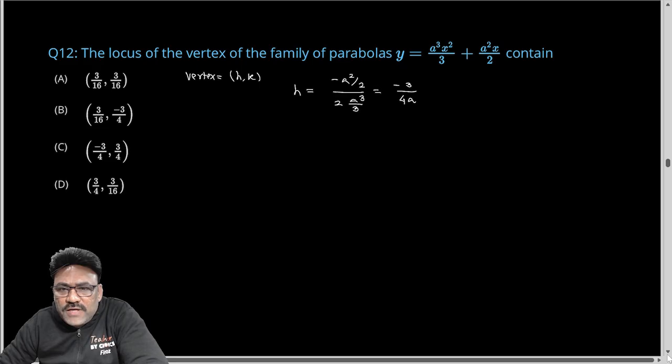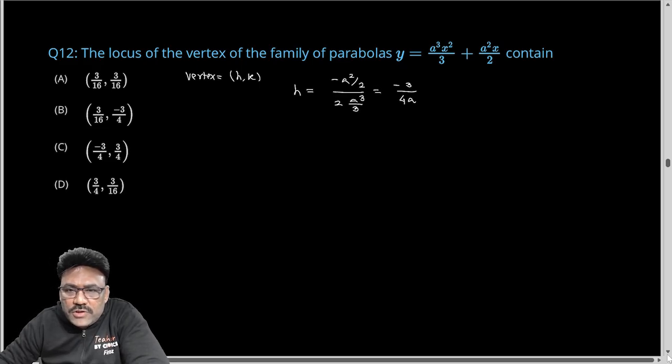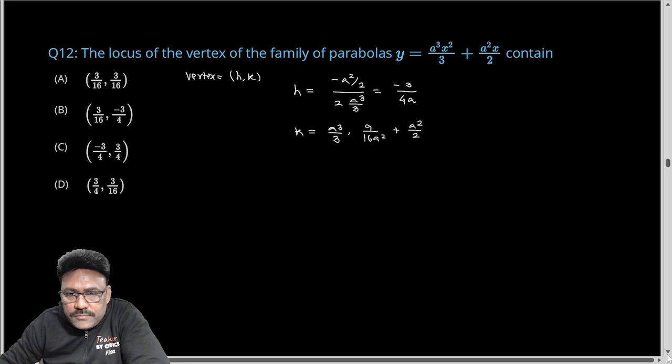Now just put this value of h, x coordinate here, to get the y coordinate. So y will be what? a cube by 3 x square, which is 9 by 16 a square, plus a square by 2 minus 3 by 4.